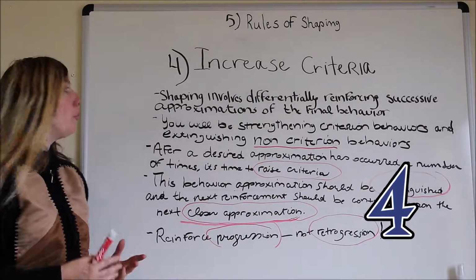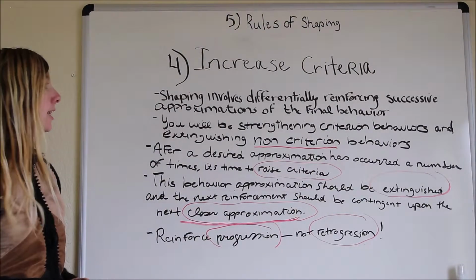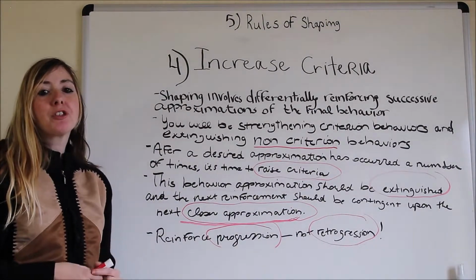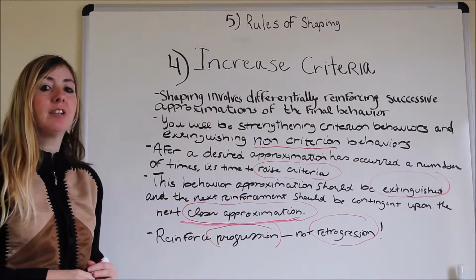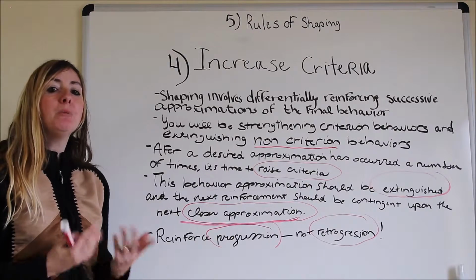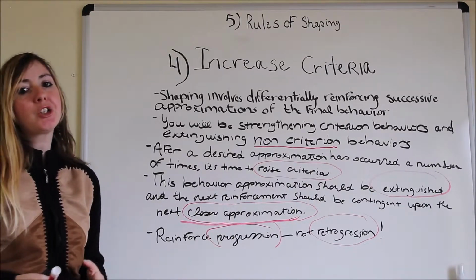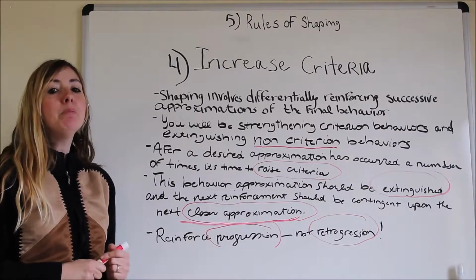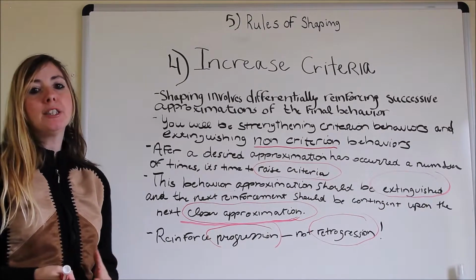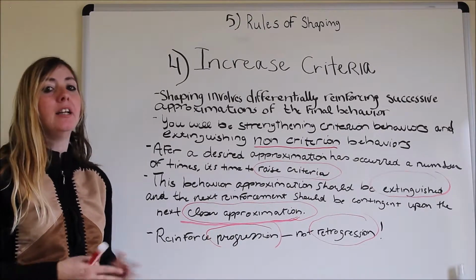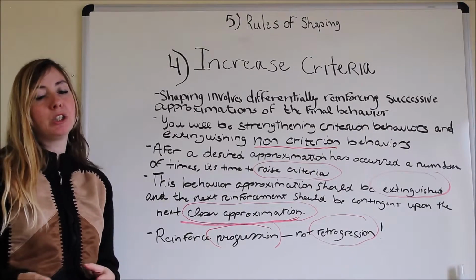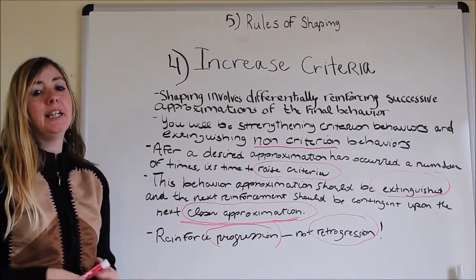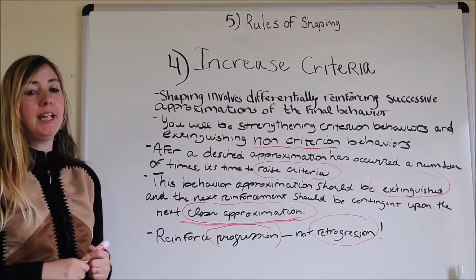Rule number 4, increase criteria. Shaping involves differentially reinforcing successive approximations of the final behavior. What does it mean to be differentially reinforcing? It simply means that we will be reinforcing and therefore strengthening criterion behaviors, and we will also be extinguishing and therefore weakening the non-criterion behaviors.